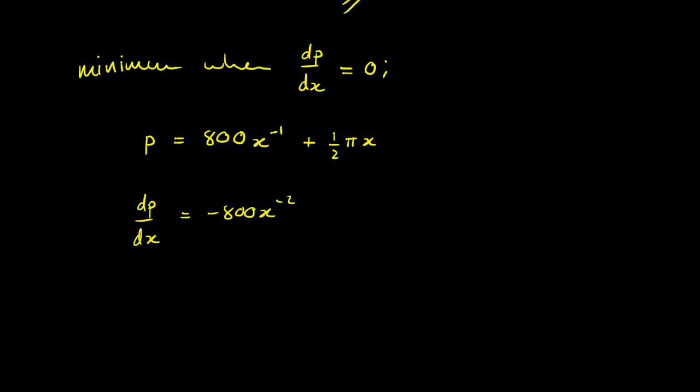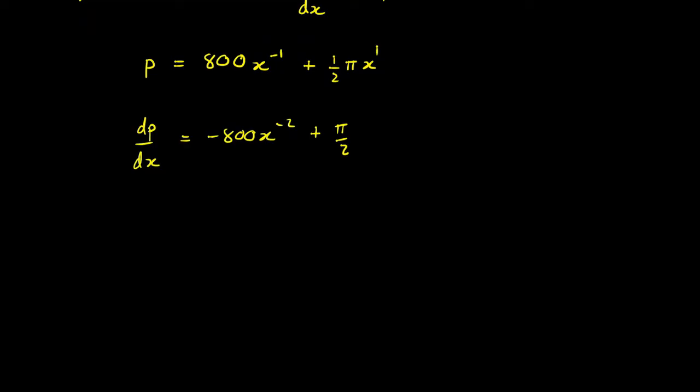So bring the negative 1 to the front and multiply, which gives me negative 800, and then I subtract 1 from the power, which gives me negative 2. And then if I differentiate a half pi x, I just get a half pi, or pi by 2. Because if you think about it, that's like x to the power 1. Bring the 1 to the front and multiply. I then subtract 1 from the power, I get x to the power 0, and x to the power 0 is just 1.